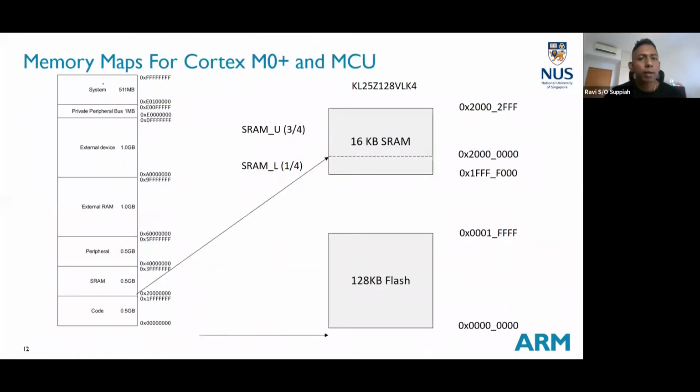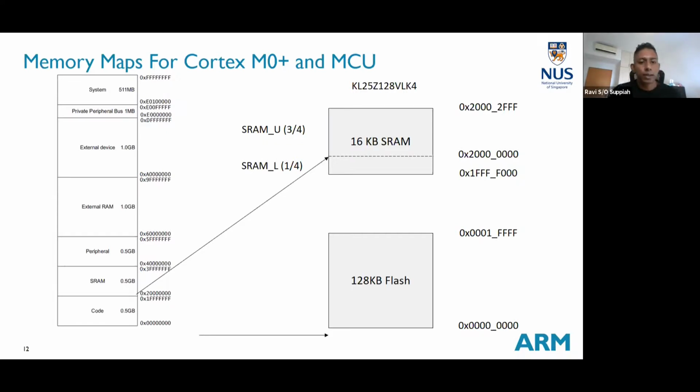Now this is the memory map of the Cortex M0 Plus MCU. In terms of the memory map, when designers design a processor, they will come up with a general memory map for interfacing different types of devices.